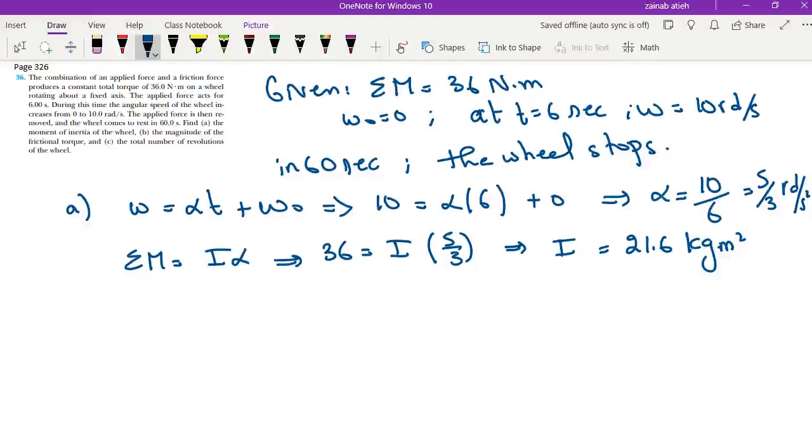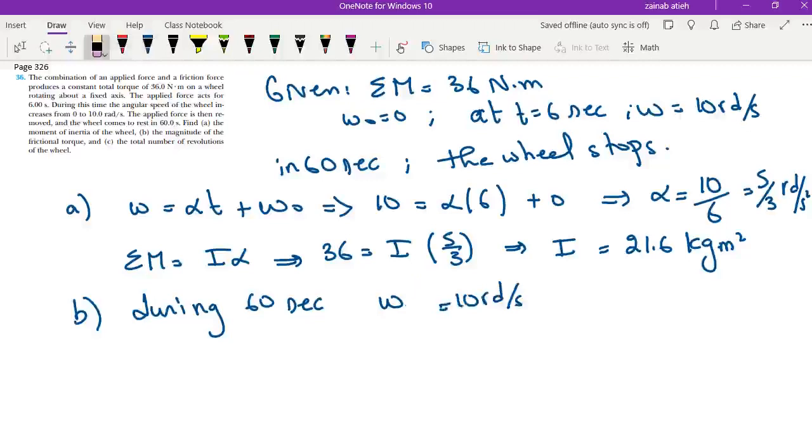To find the moment of friction, I have to relate the moment with alpha, and I have to find alpha first. So you all know that during 60 seconds, we started with an omega 0, let's call it omega 0 prime, with a speed of 10 radians per second. This was initial, so omega initial was 10 radians per second, and we finished with a final angular speed of 0 radians per second.